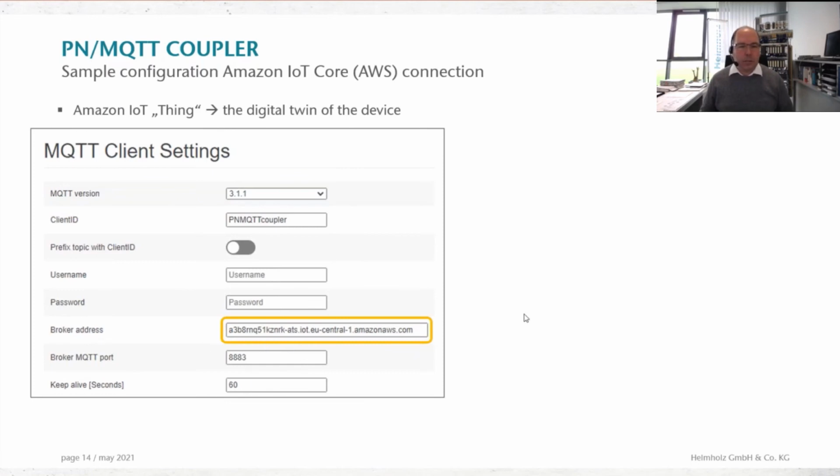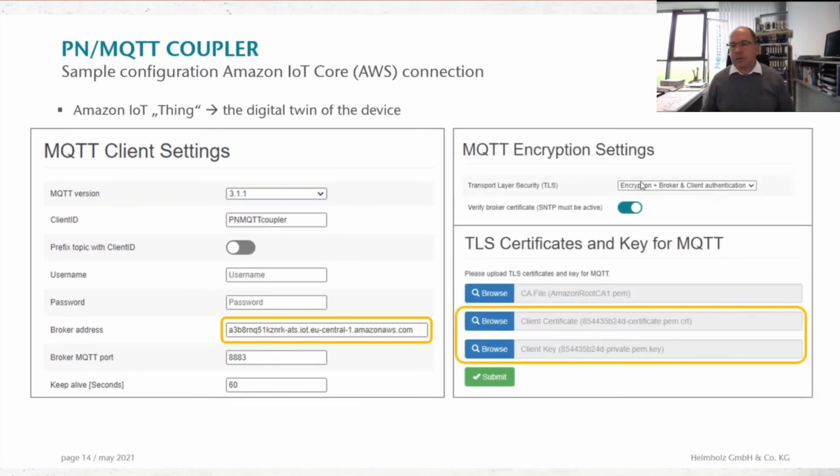And it's an encrypted connection, so you need encryption and client authentication, and you get this from the definition in Amazon IoT. So you define a new thing, you call it PN-MQTT or my machine, and you do some steps very easily, and then you get this name to connect to the cloud and the client certificate and client key directly from the Amazon cloud.